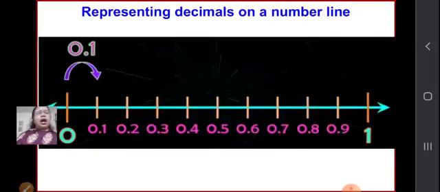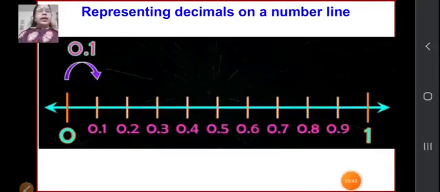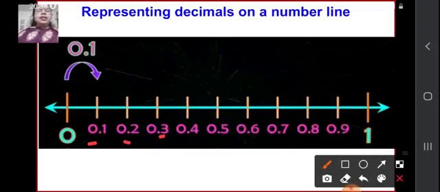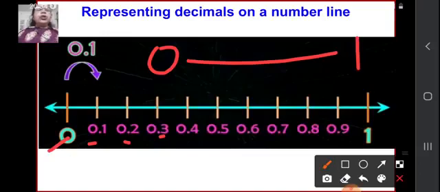Now, let us see how we represent decimals on a number line. Let us look at this example. Here we can understand that all these numbers 0.1, 0.2, 0.3 and so on, these are less than 1 but they are greater than 0. That means these numbers lie between 0 and 1. So, the number line between 0 and 1 is divided into 10 equal parts.